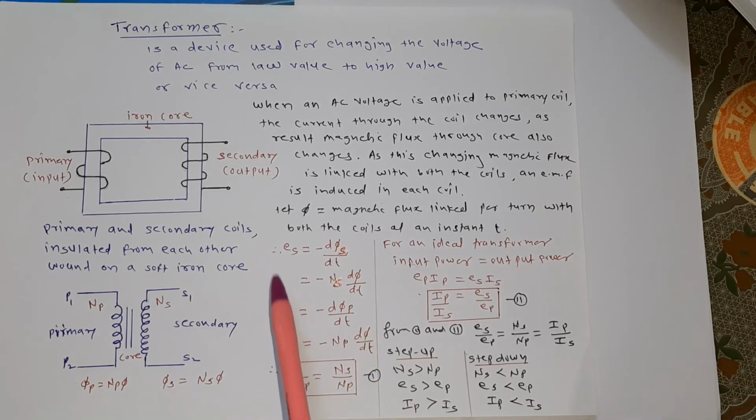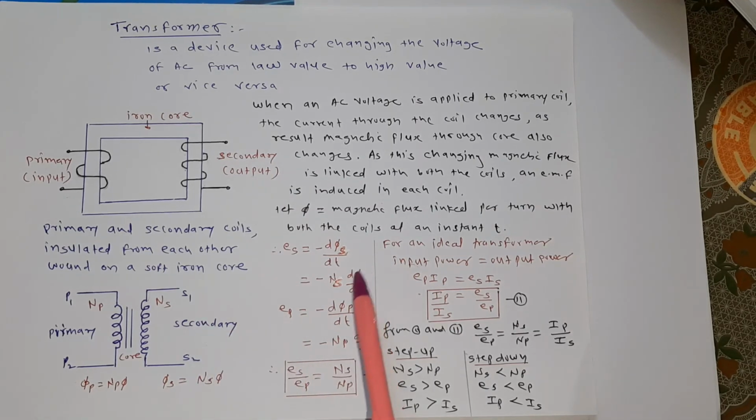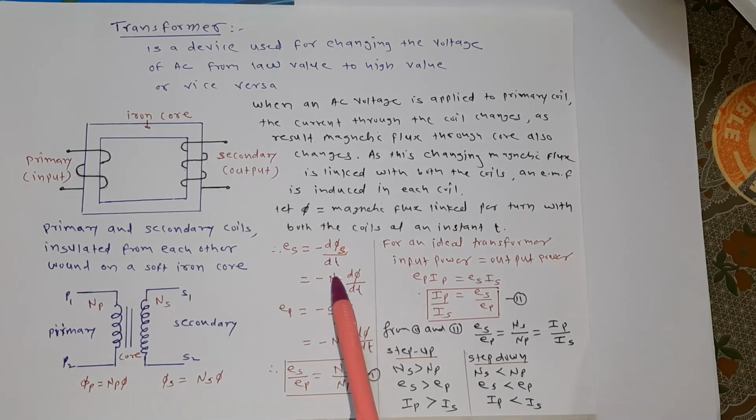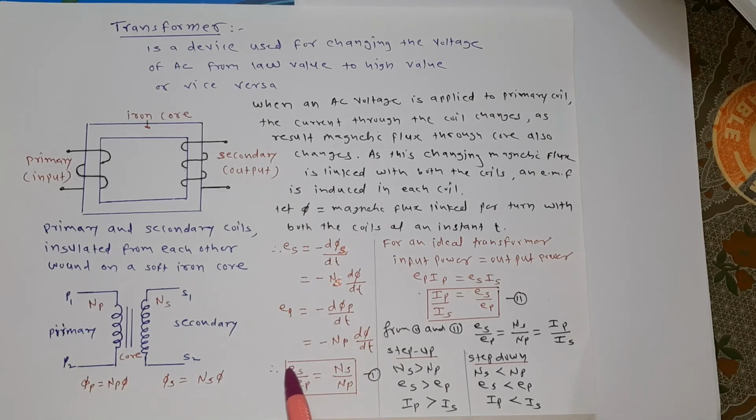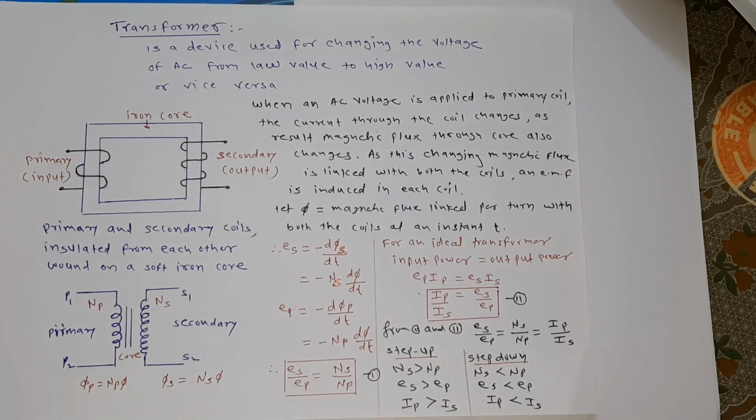If I divide this upon this, then Es upon Ep equals, this cancels, you will get Ns upon Np. So the EMF in the secondary to the EMF in the primary is always equal to the number of turns in the secondary to the number of turns in the primary. That means the EMF induced is linked with the number of turns in primary and secondary.